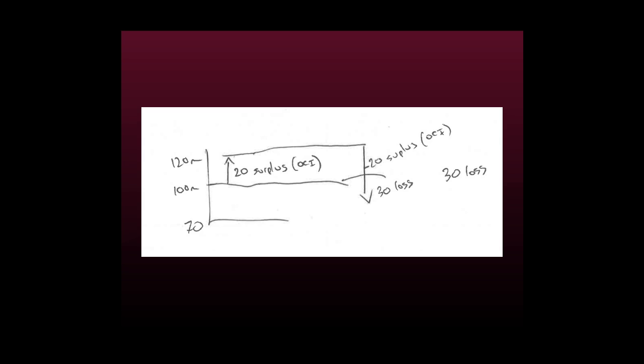And then this bit is a $30 loss. So we've gone up through surplus, down through surplus, and the rest, that should kind of get to here, the rest goes through to loss. And if you net all of that out, you've had a $30 loss, which is the same as if we just come straight down to 70, we've got a $30 loss. So that's how those two work together.